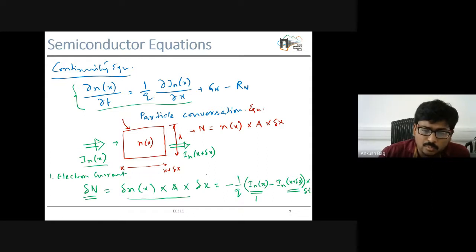Another two processes can alter the total electron number. They are generation of electrons, as well as the third process that can alter this total electron number, which is simply recombination of electrons.